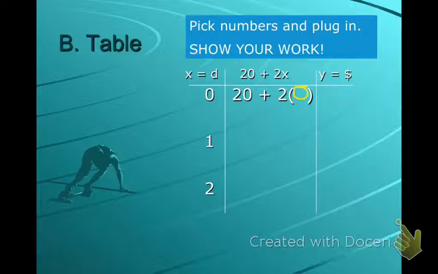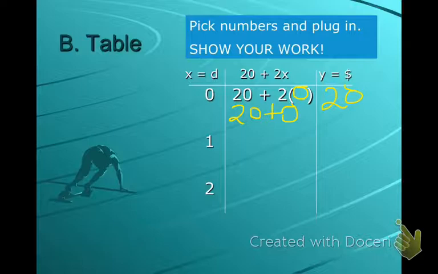All right. So I solved this out. Let me erase that. Back to my pen. So that's going to be 20 plus 0, because 2 times 0 is 0, so this is 20.